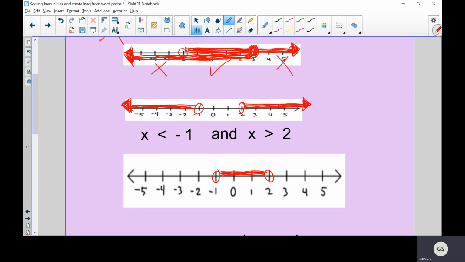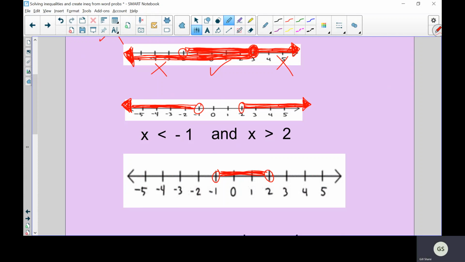Let's see what everybody got. Now, did you do that by plugging numbers in, or by doing the visual thing? How did you know that was the answer?